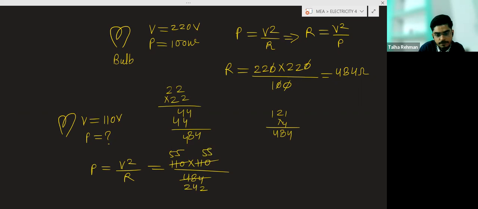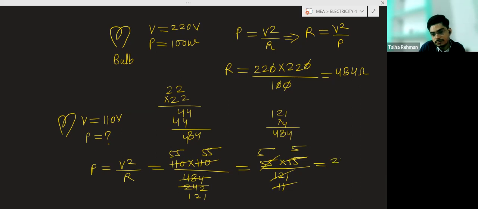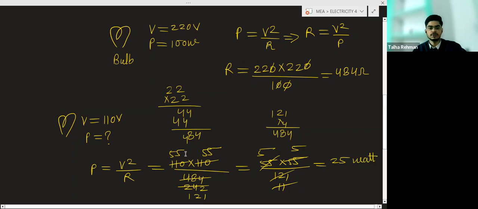It will be 55, it will be 121. So now we have 55 multiplied by 55 divided by 121. Now 11 fives are 55, and 11 elevens are 121. Cancel this with 11. So 5 fives are 25 watt will be the answer. 25 watt will be the answer.